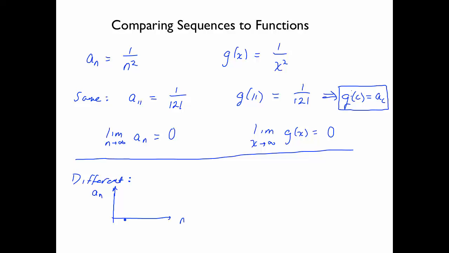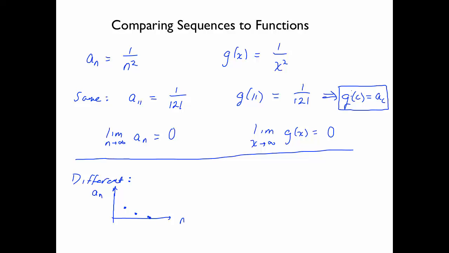The first dot would be 1 comma what? 1, right? And then 2 comma 1/4. The second term of the sequence is 1/4. 3 comma 1/9.